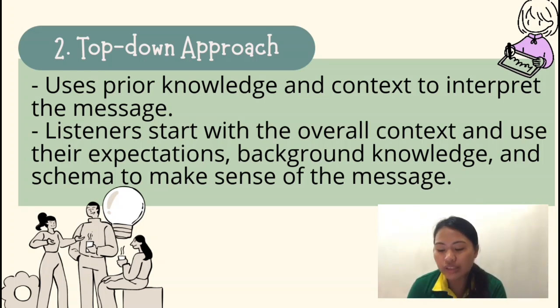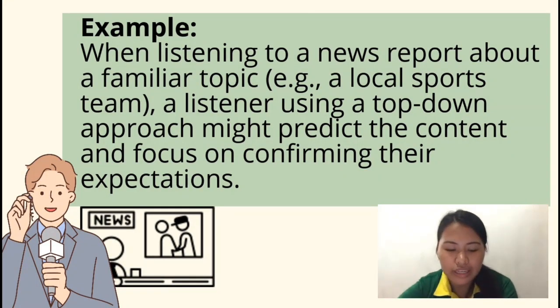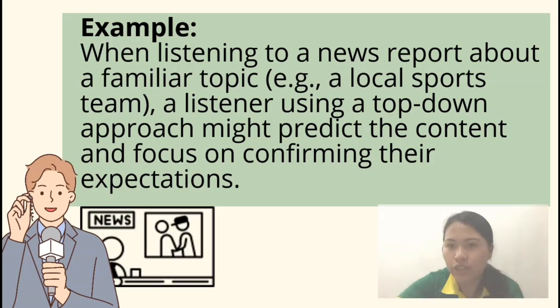It starts with a big unit and narrows down to the smallest unit. An example is when listening to a news report about a familiar topic, a listener using a top-down approach might predict the content and focus on confirming their expectations.